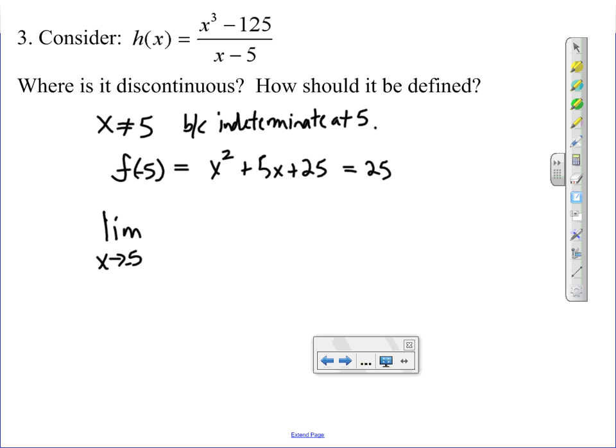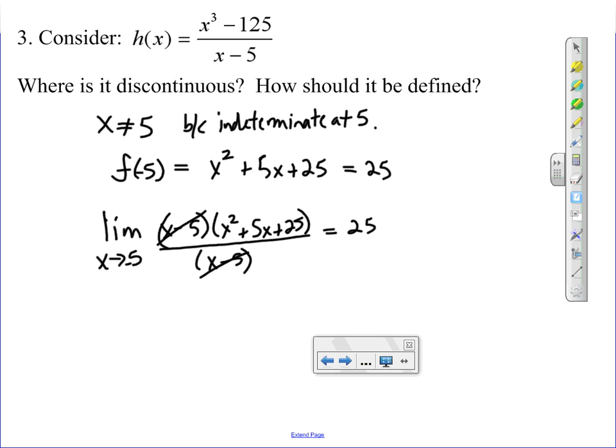What's the limit as x approaches minus 5? We would end up with the same kind of situation when we factor, and we still get 25. If we look at it from a graphical point of view, we have a quadratic function that opens up, doesn't cross the x-axis, and crosses the y-axis at 25.